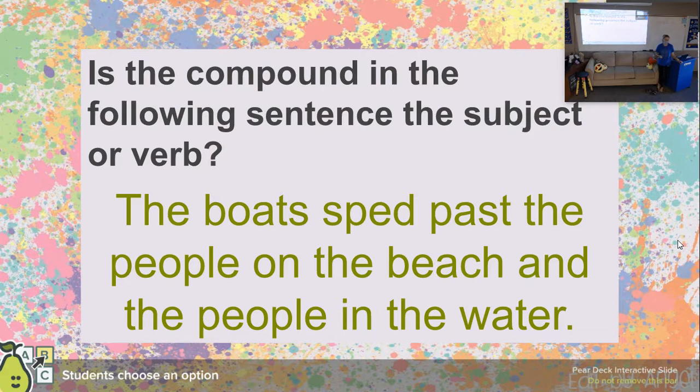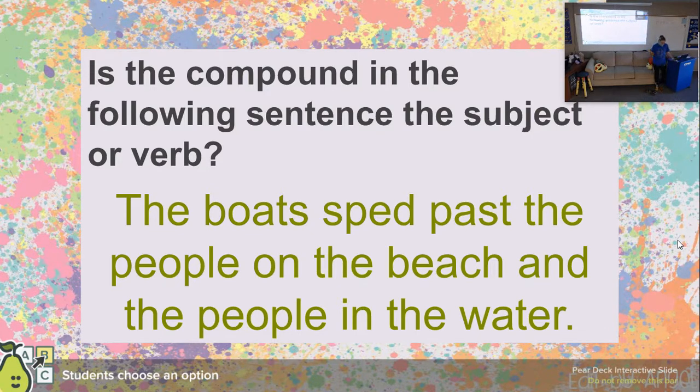People is like a direct object. Past is telling us where they sped, so past is an adverb. We haven't learned about direct objects yet this year, but just know that it's part of the predicate. The people on the beach and the people in the water is where they're speeding past. So technically, this is all part of the predicate.